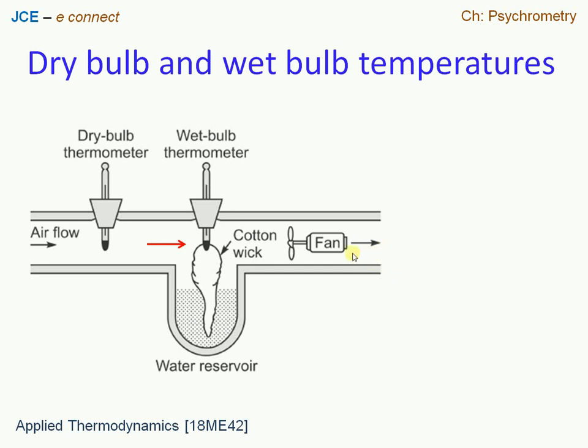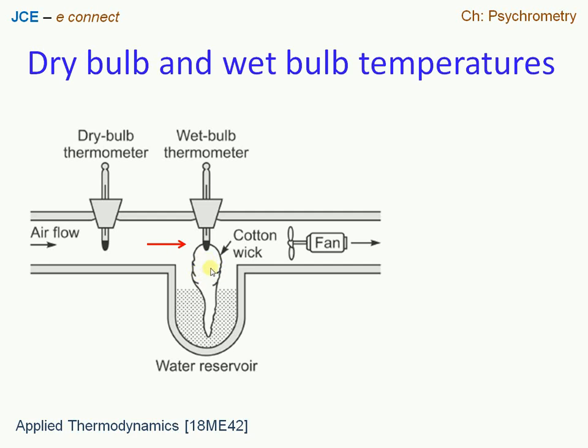So we see that the temperature noted at the wet bulb thermometer will be lesser as compared to the dry bulb thermometer. This is obvious because of the cooling effect that takes place as a result of heat transfer between the air molecules and the cotton wick.